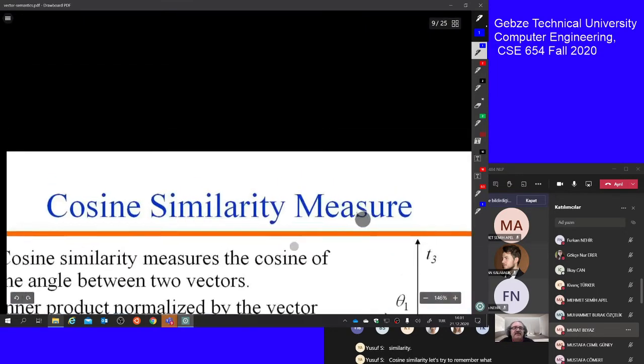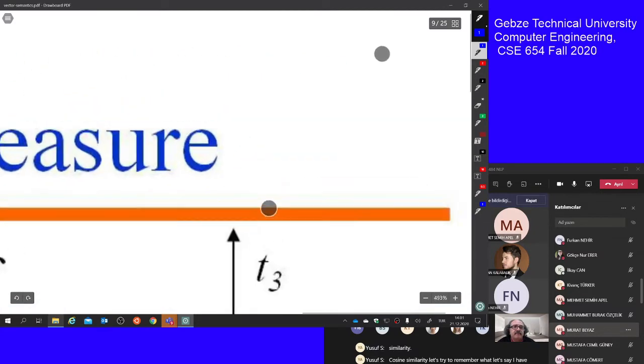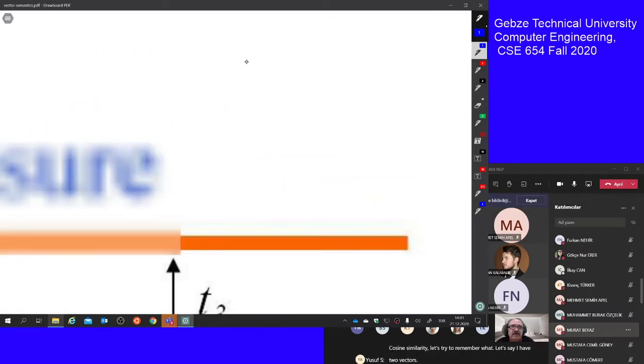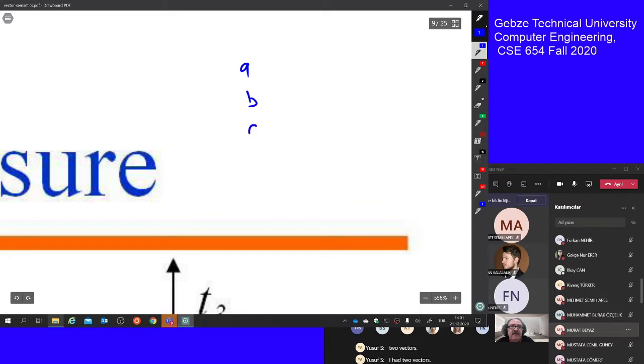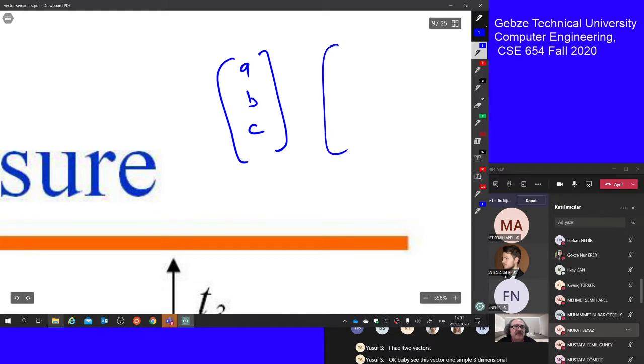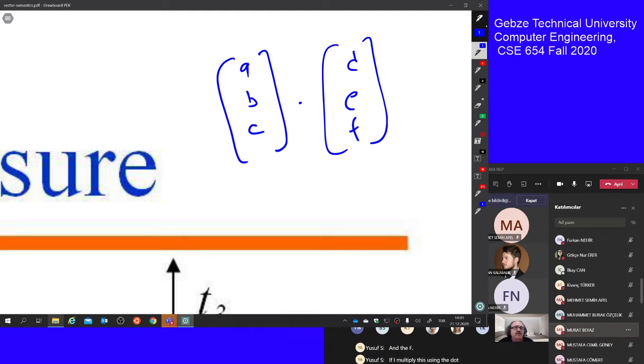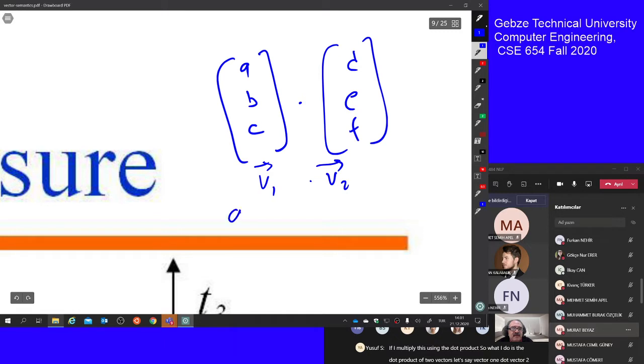Let's say I have two vectors: A, B, C, a simple three-dimensional vector, and D, E, F. The dot product of vector 1 dot vector 2 is A times D plus B times E plus C times F, right? This is the dot product.